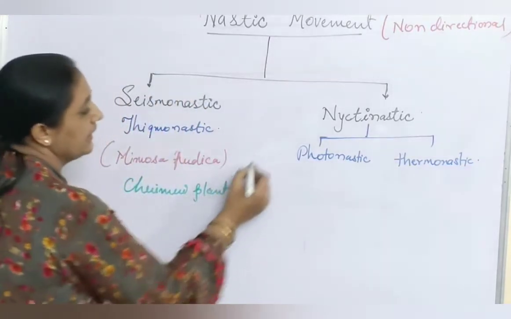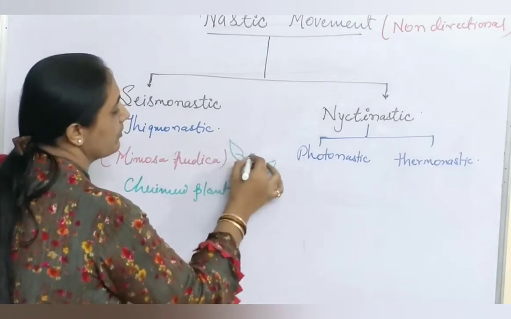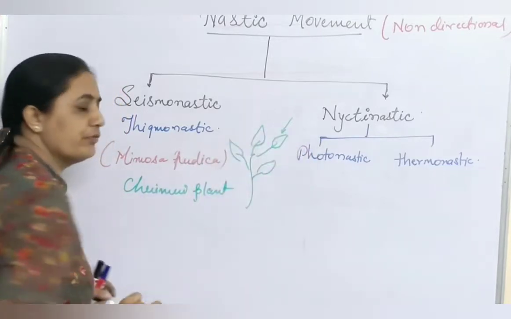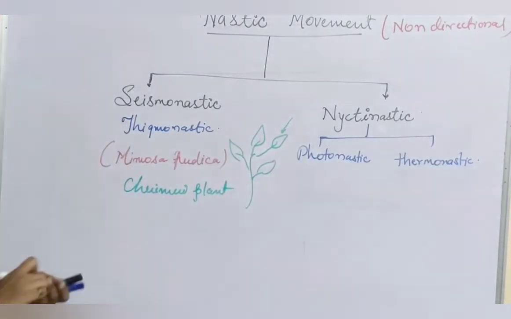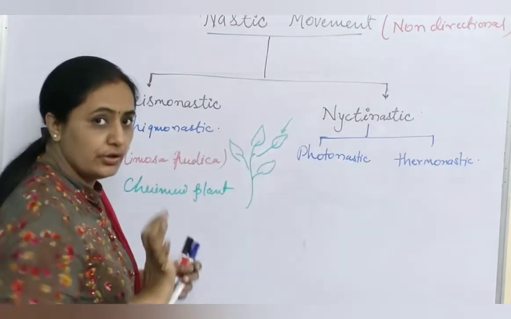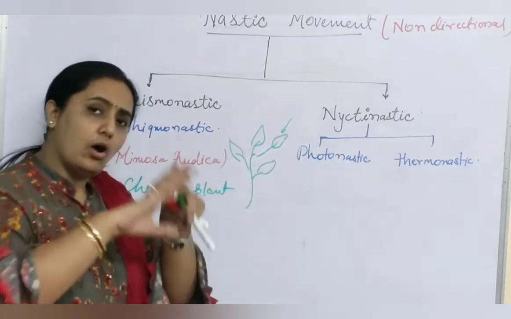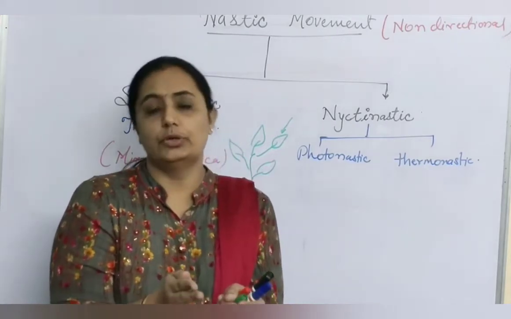For example, if you are touching from this side with a finger or a stick, it doesn't matter, only this part will not show any change. The whole plant, all the leaves present on the plant, will show the movement.